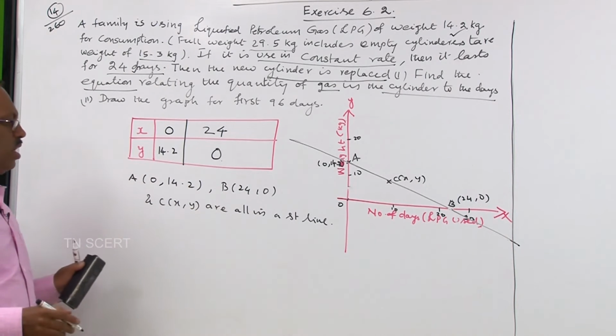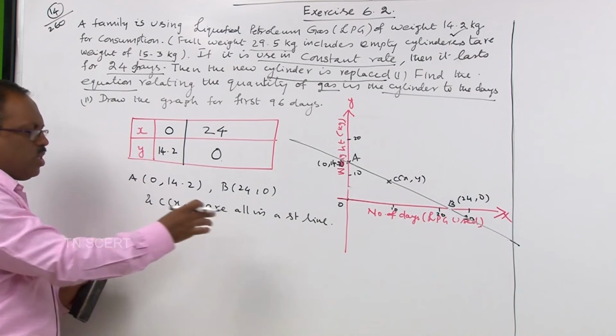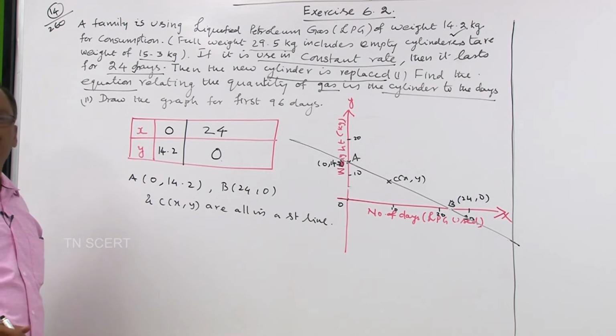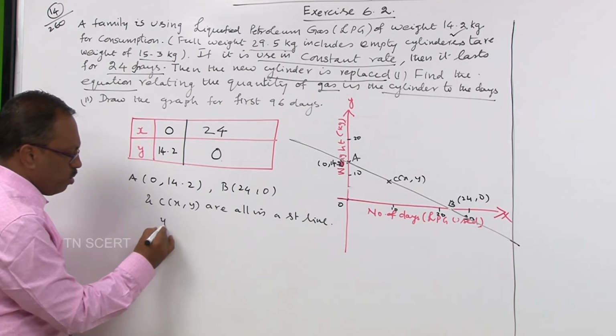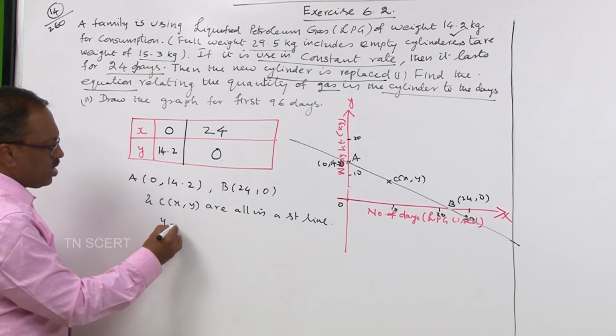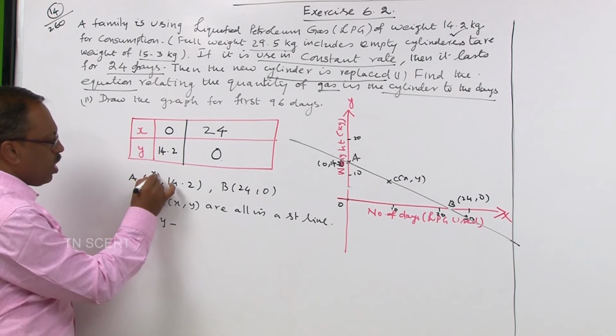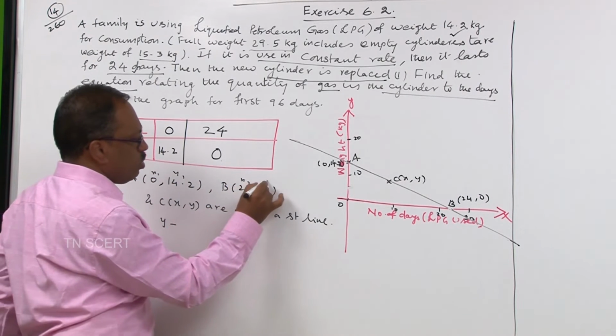That is linear. A, B and C are all in a straight line form. I am going to use the two-point formula: y minus y1 over y2 minus y1, with points (x1, y1) and (x2, y2).